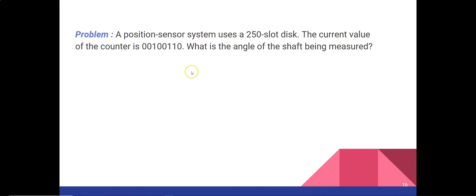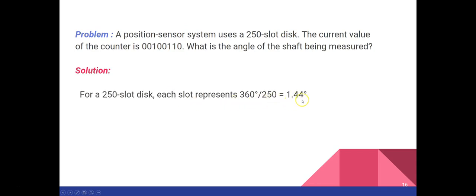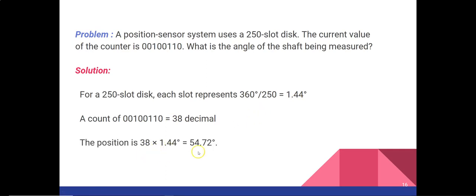Using this formula, you will get 1.44 degrees. Then we need to see what this binary value is in decimal, and this represents 38 decimal. Now with the help of this value and this, we can calculate the angle of the shaft by multiplying them with each other. You will get 54.72 degrees, and this represents the angle of the shaft.